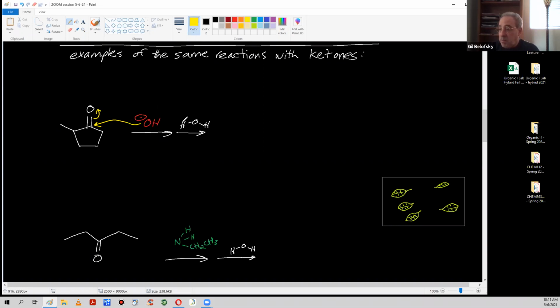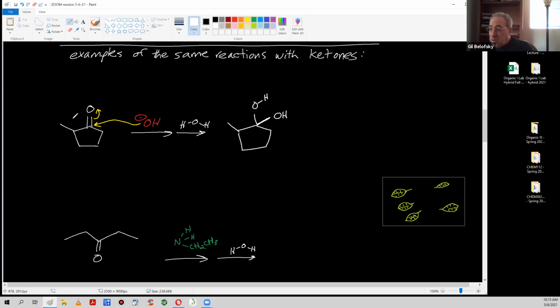Visualize the oxygen picking up a hydrogen from water at the end, and you can easily draw the product: the oxygen becomes an alcohol. The OH group has added. Here's the new bond. That's it.